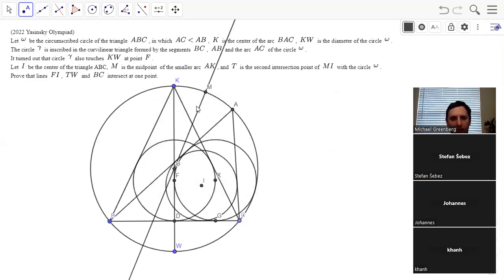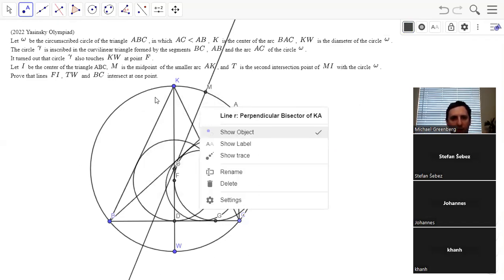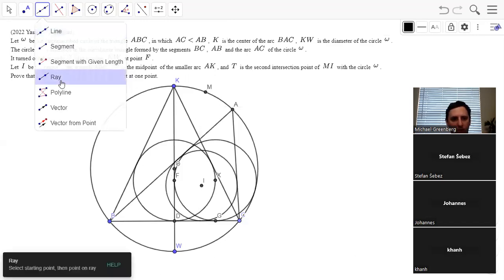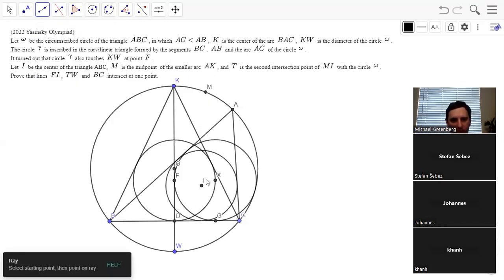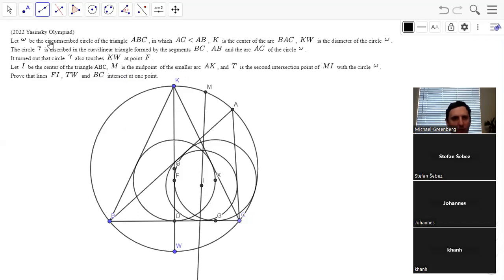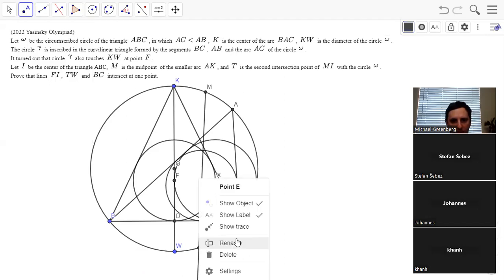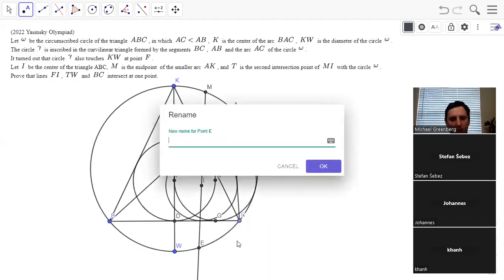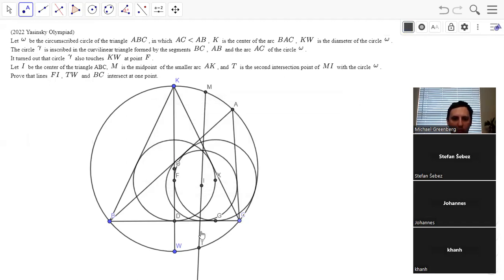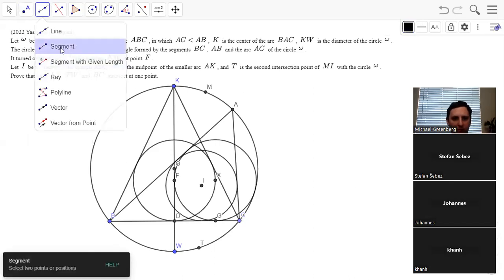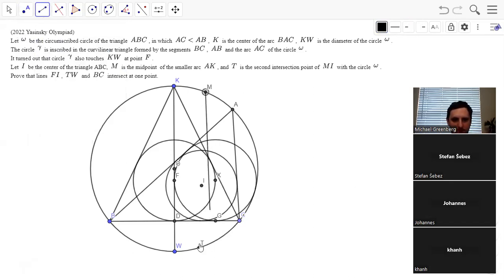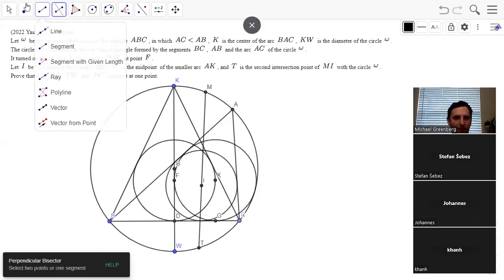T is the intersection of MI with omega. So did you say, what did you think was a parallelogram? Let's see.